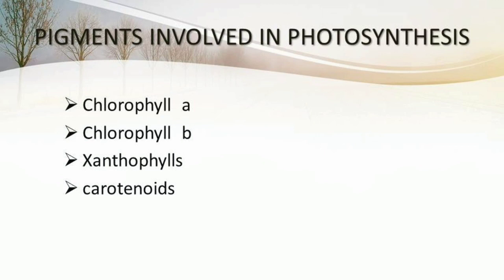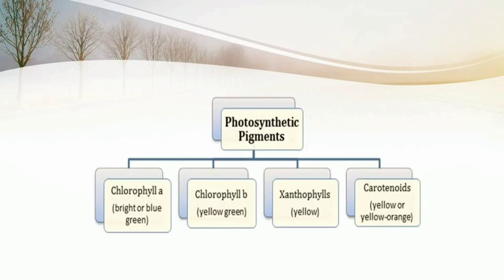When we separate these pigments using paper chromatography, we see chlorophyll A, chlorophyll B, xanthophylls, and carotenoids. We can identify chlorophyll A as bright or blue-green in color, whereas chlorophyll B is yellow-green in color, and xanthophylls are yellow in color, and carotenoids will be yellow or yellow to orange in color.